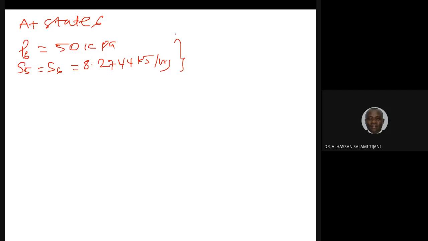How do we determine the enthalpy here? We know the pressure, we know the entropy. We need to find Sg and Sf at the given state.